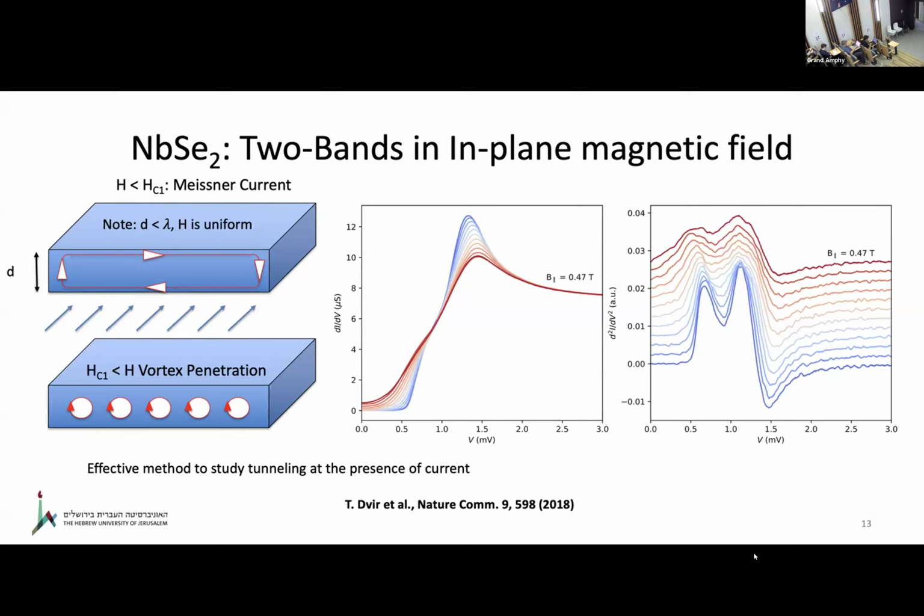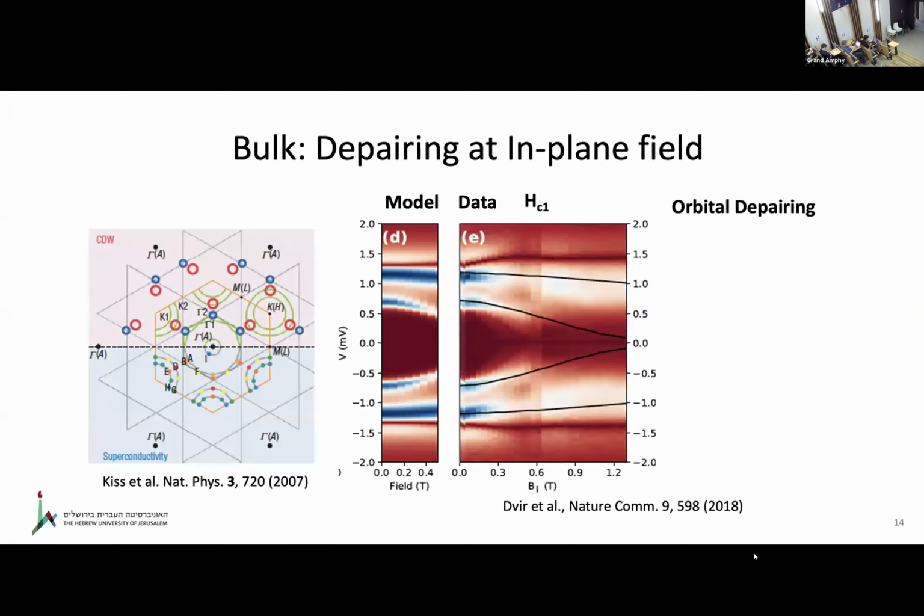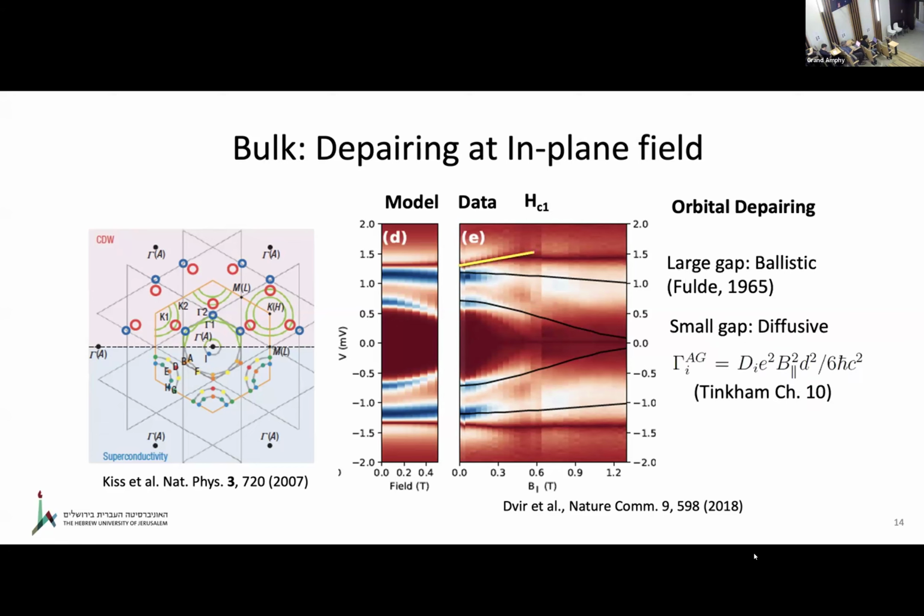This is the first derivative, this is the second derivative, and they evolve differently with the in-plane magnetic field. This different evolution has to do with how they depair due to the presence of the Meissner currents. We published that work together with our Orsay colleagues about 10 years ago, and it is based on the fact that niobium diselenide has two gaps.